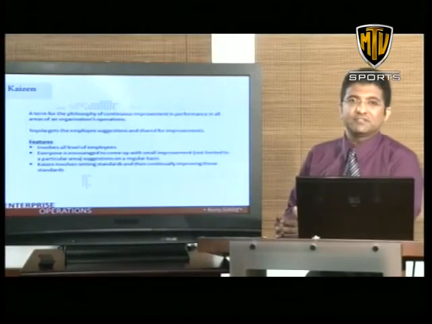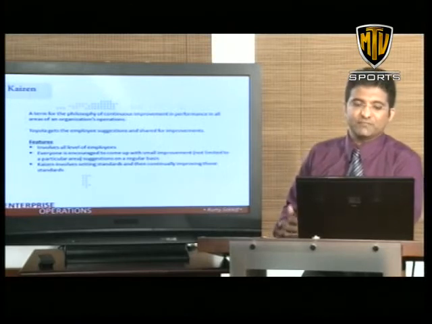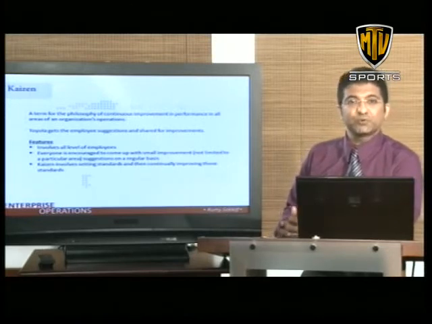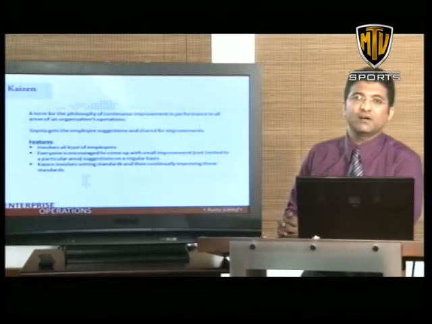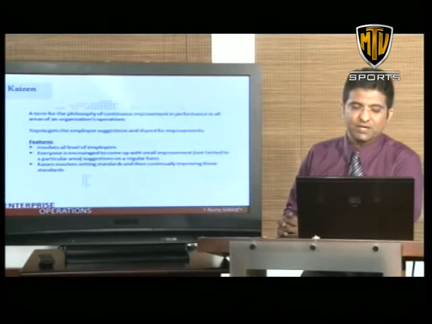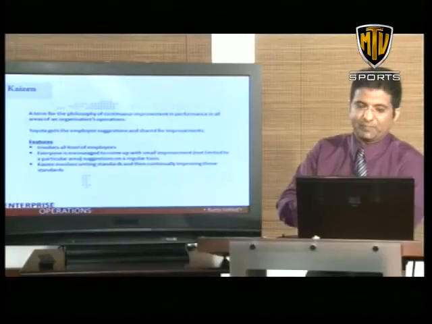Employees of every skill level are motivated to come up with suggestions which will improve the whole operational activities in the organization. Finally, Kaizen involves setting standards. These standards are set by suggestions. These suggestions are considered to be a standard within the organization. Organizations need to adhere to this to improve the efficiency of their operations.